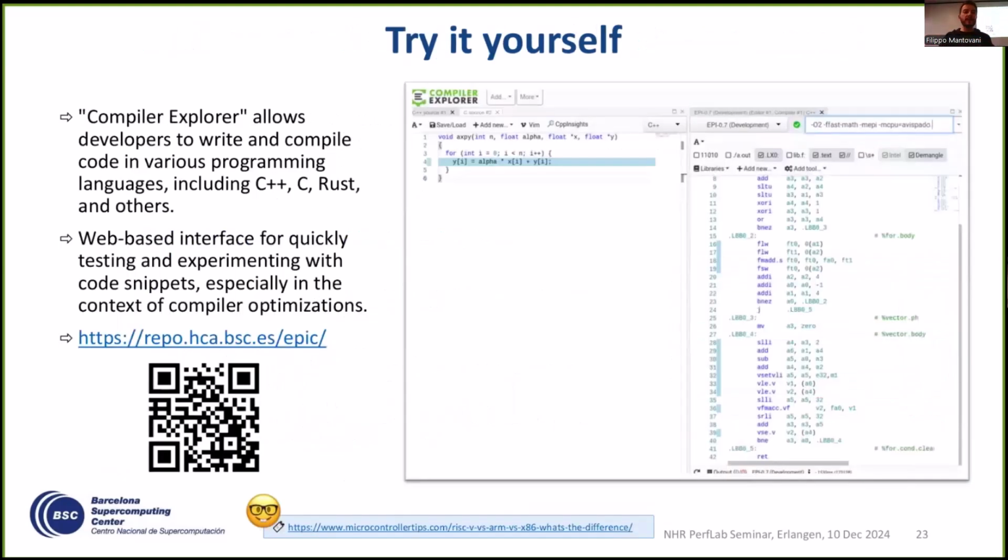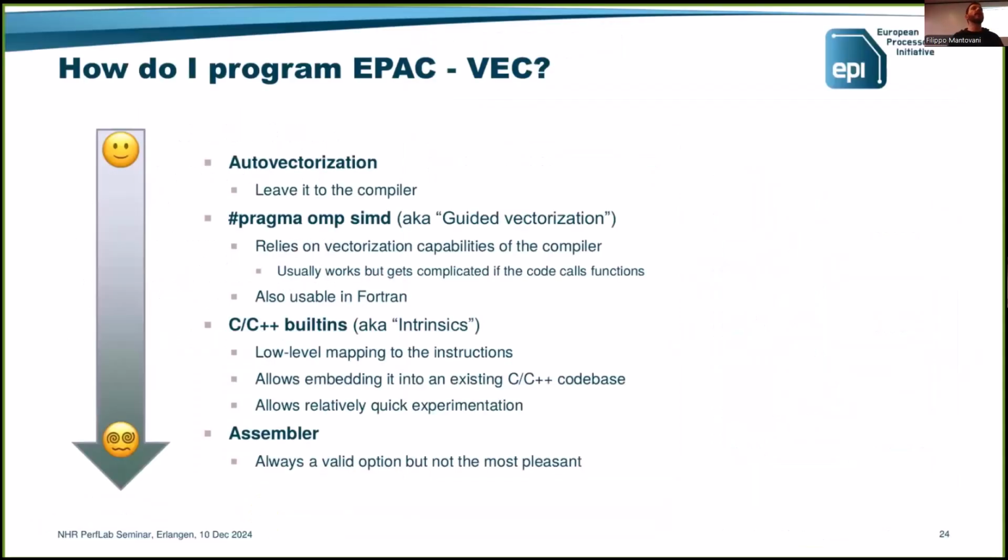If you want to play with this, we have this compiler explorer with our compiler, so you can put your code there and see what the output is. Now, how do we program this? We have actual hardware available. Usually what we promote is auto-vectorization.